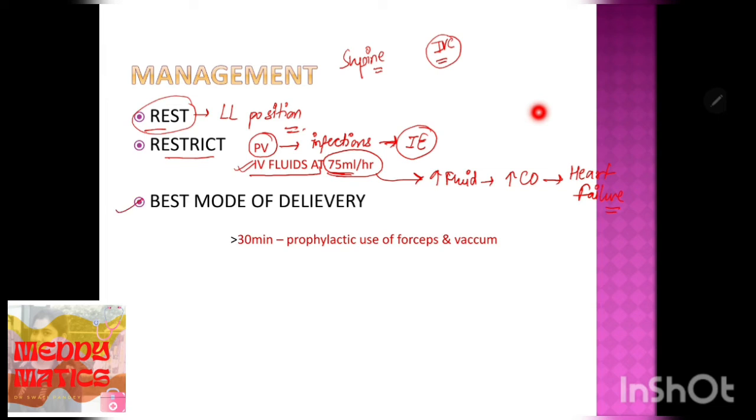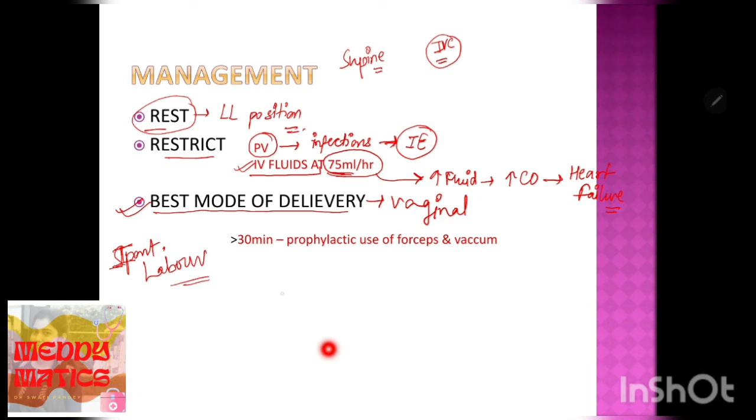And the best mode of delivery is vaginal delivery, and allow the patient to undergo spontaneous labor. Induction of labor is safe, absolutely safe in heart disease patients. Allow spontaneous labor, okay? Try vaginal delivery.